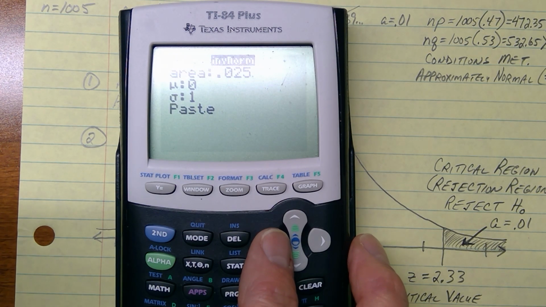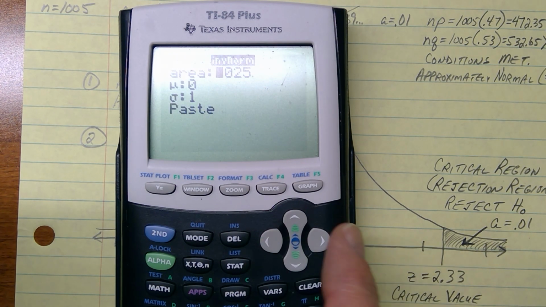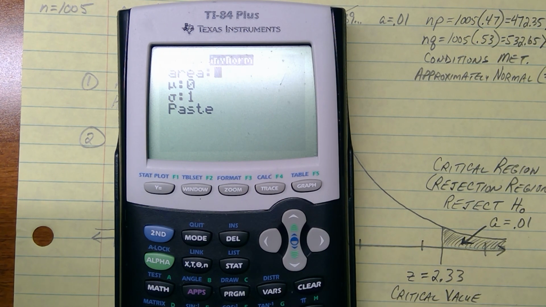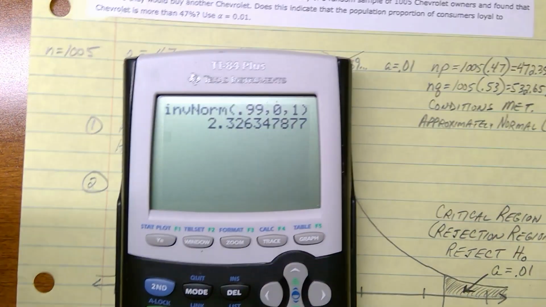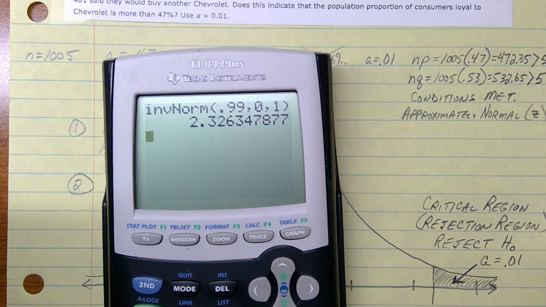The area to the left of this is 99%. Let me clear that and put 99% in. It says, what's your average? Well, it's always 0 in the middle, and we go by ones when you're doing a normal distribution curve. I paste that into my window, hit enter one more time, and there's your 2.33 right there.